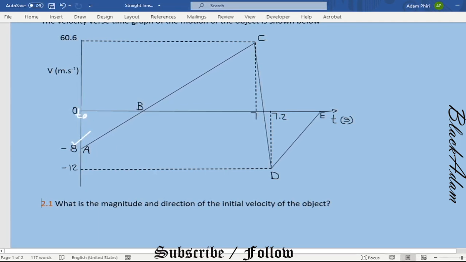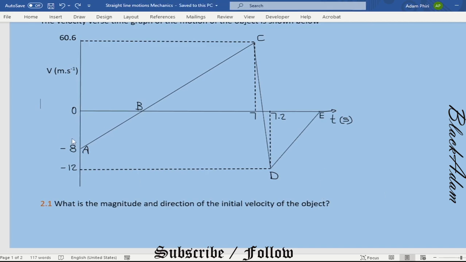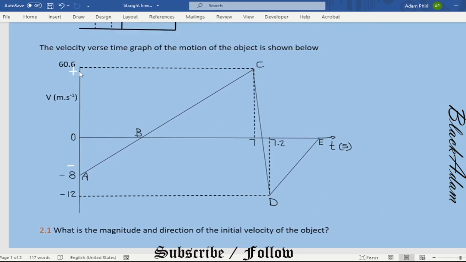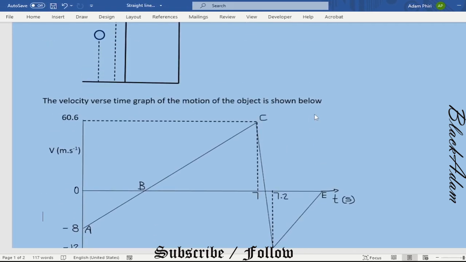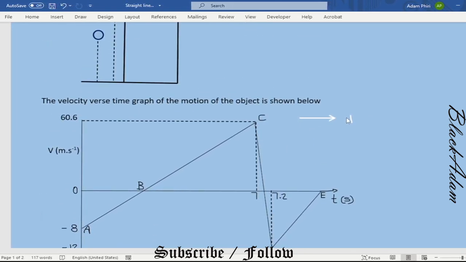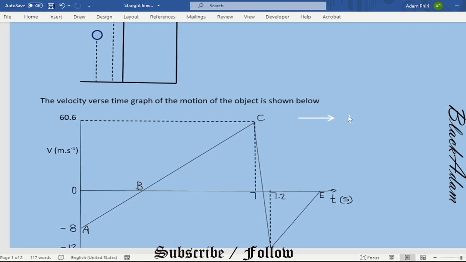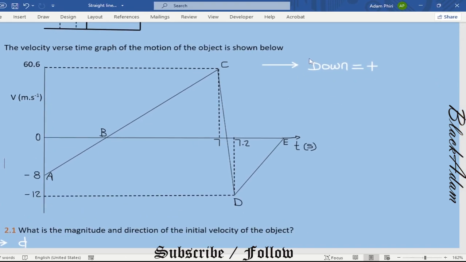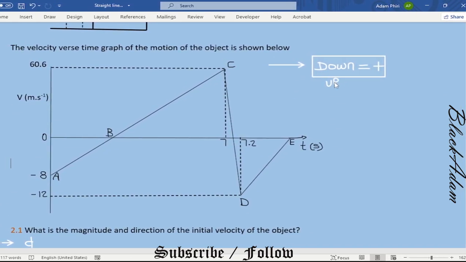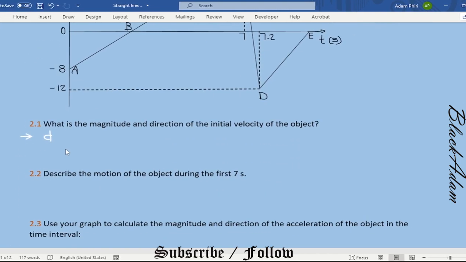So at T0 it's negative 8. It was projected upwards, which means upwards is taken as negative and down is positive. If down is positive, then up is negative.